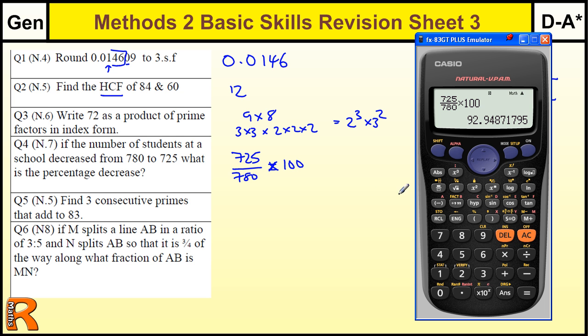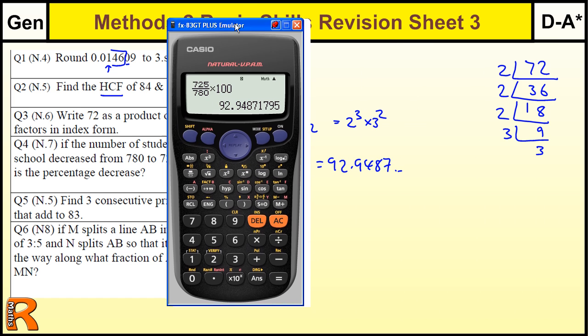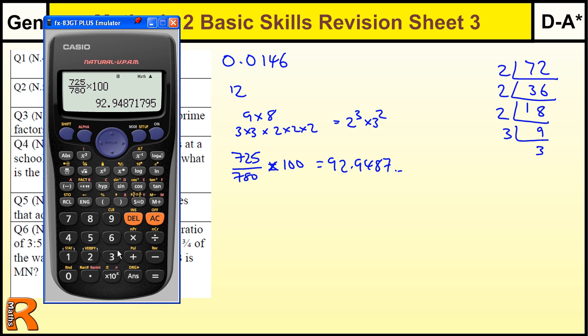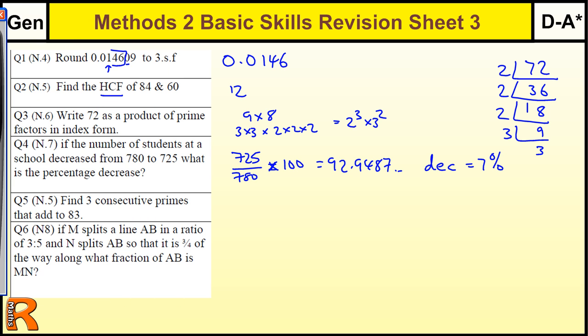Change that to a decimal, so that's 92.9487%. So the decrease is going to be 100 minus that answer, which is 7.05, but 7% approximately.